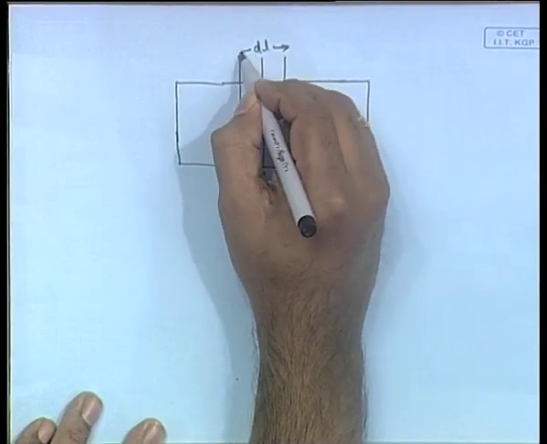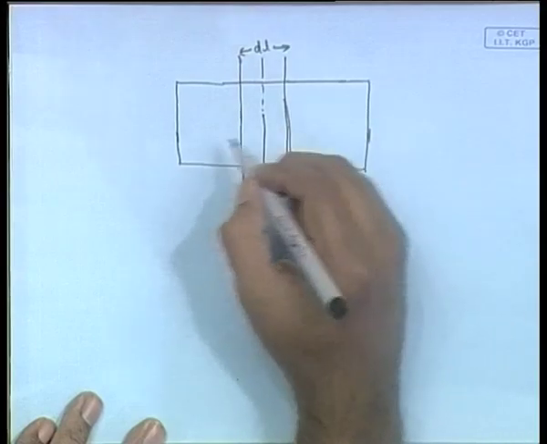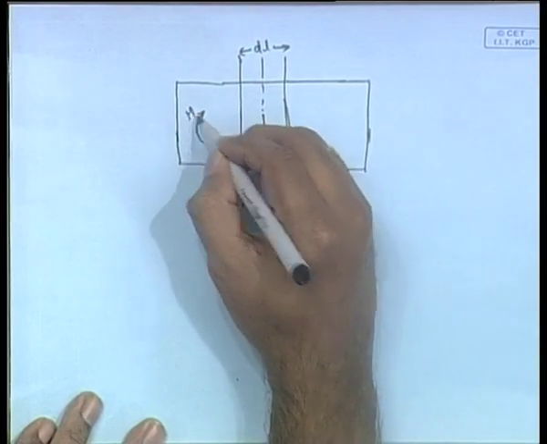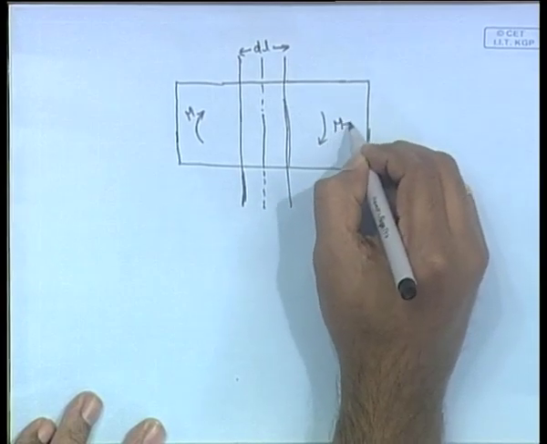Suppose this distance is dl, and suppose this is m and this is m plus dm.